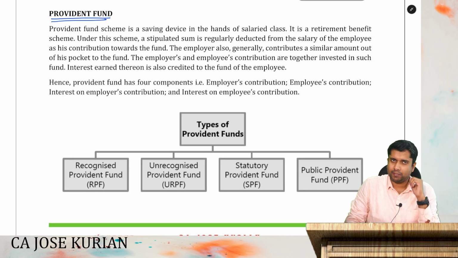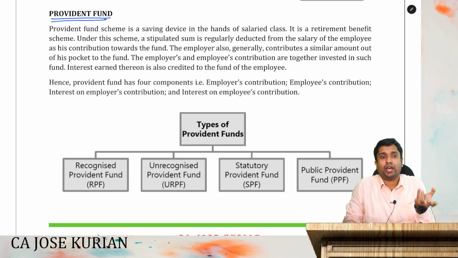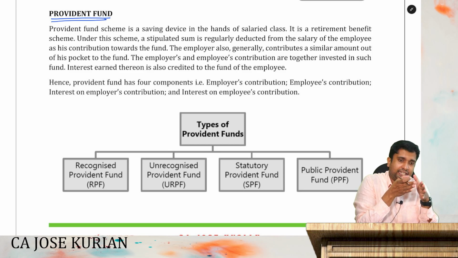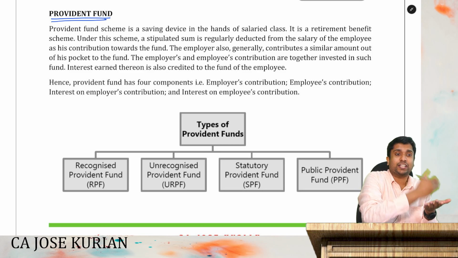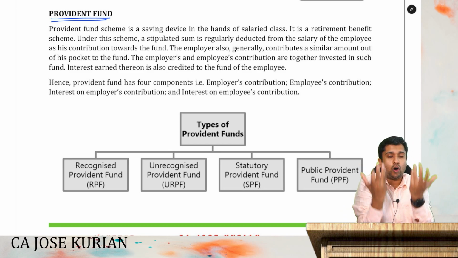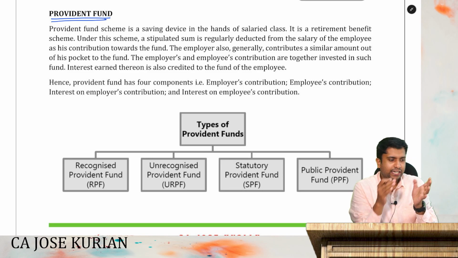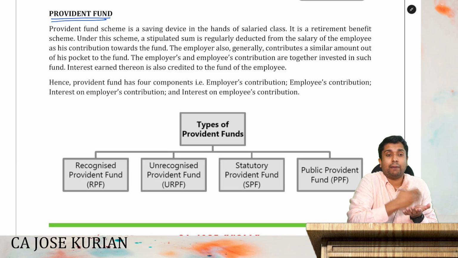Say for example, after retirement, the employee requires some amount to live. Yes or no? So at the time of retirement, for his social security and other safety, what our law insists is, he should have a habit of savings.